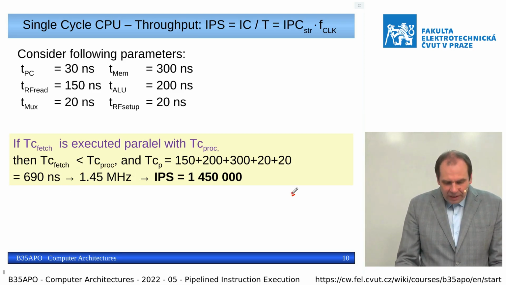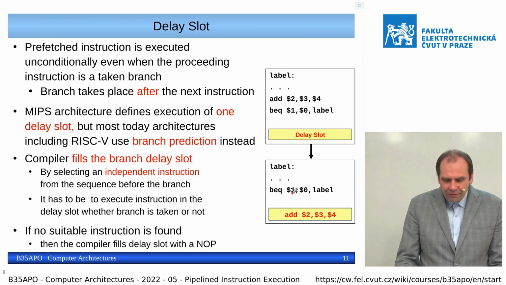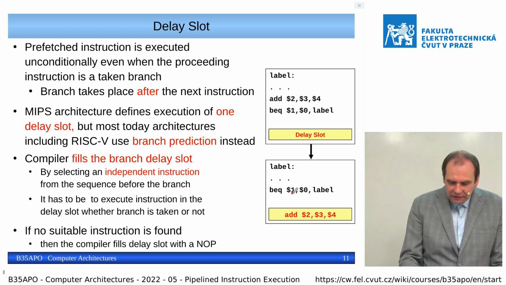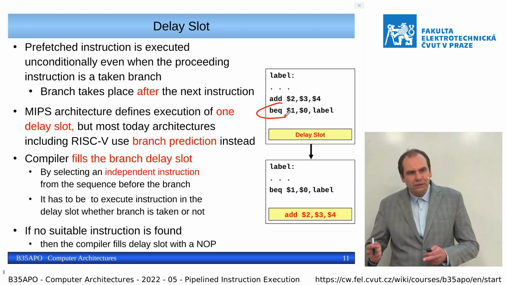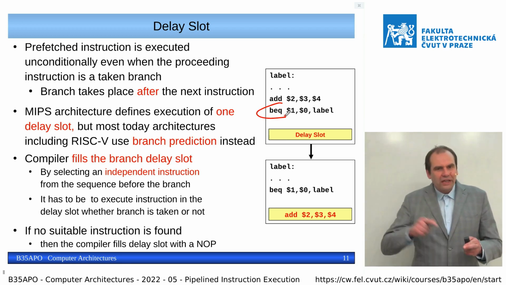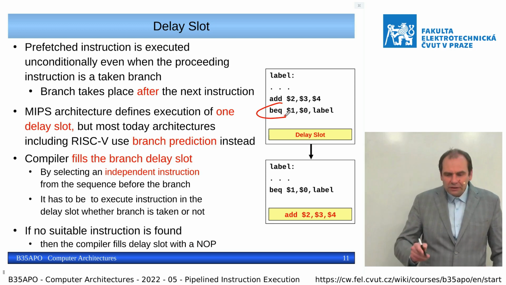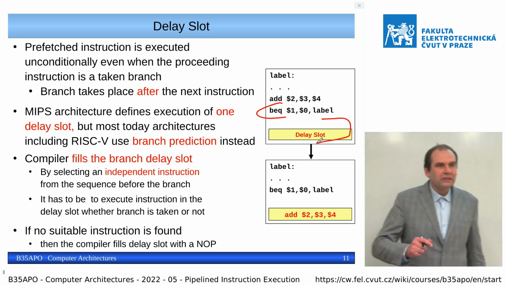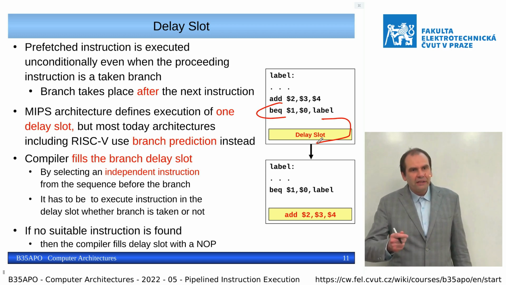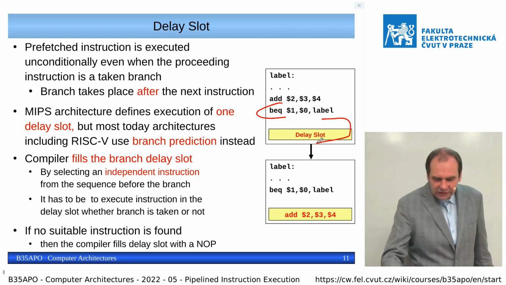But at this moment, when we use such a speed up, we have one problem. If we have an instruction which branches, then in fact the actual branch instruction gets to execution one clock cycle after the following instruction is read, because it is fetched in parallel with the execution of this instruction.